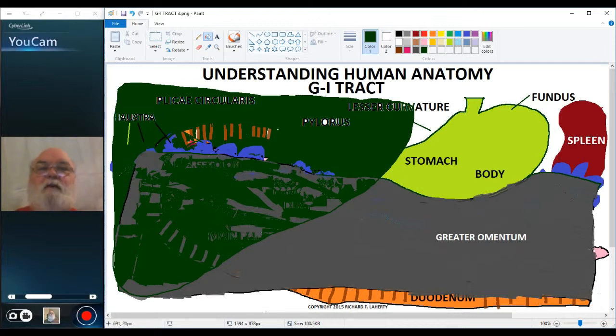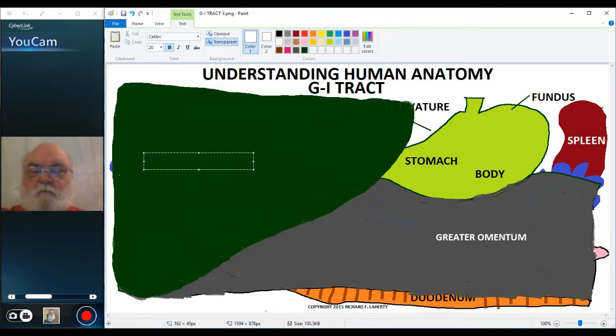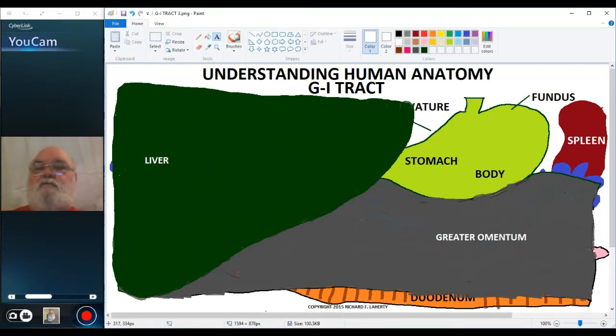And like I've done before, let me finish coloring this in. There we have the liver colored in now, and I will put a label on the liver just so everybody's on the same page. So this is now the liver in green.